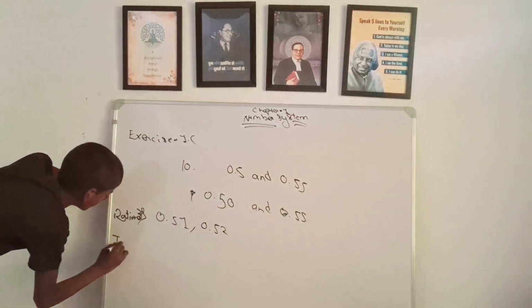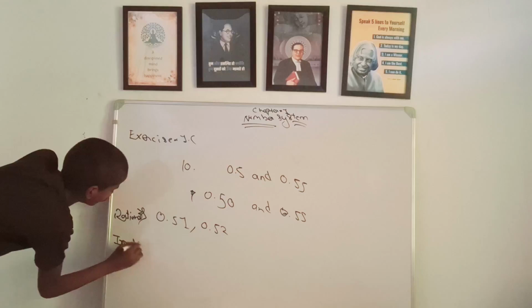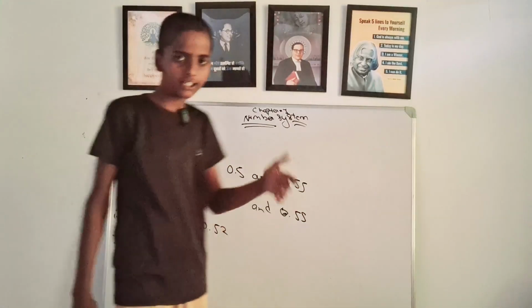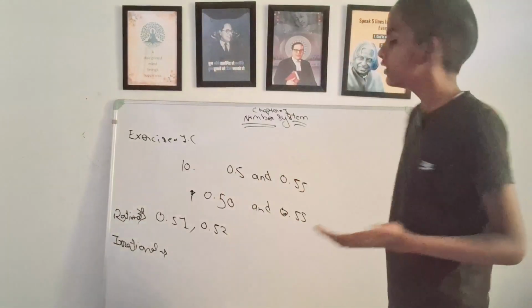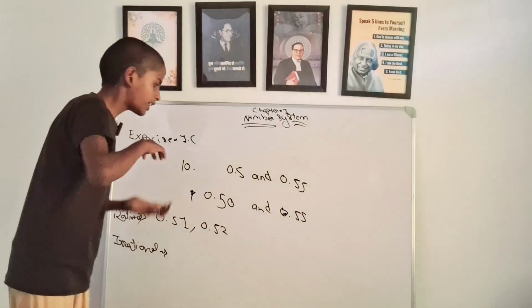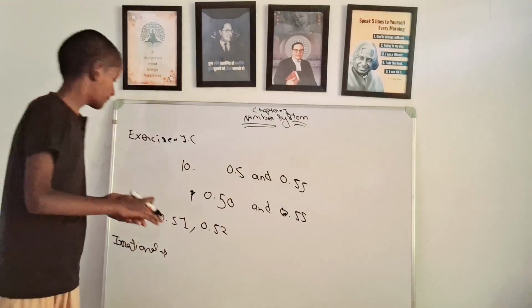After that, we can find irrational numbers. How can we find them? After 0.50 there are many irrational numbers. Why?